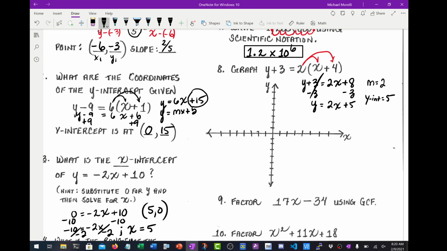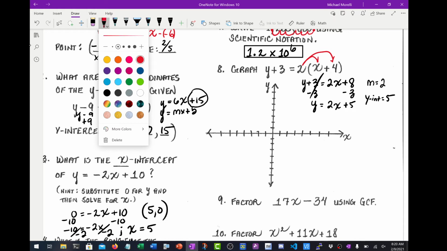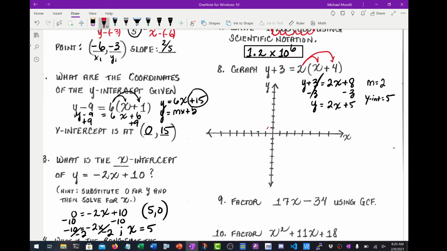Okay, so you want to start by plotting the y-intercept at 5. 1, 2, 3, 4, 5. Here you go. And now you're going to go up 2 over 1 to plot the slope. Up 2 over 1.